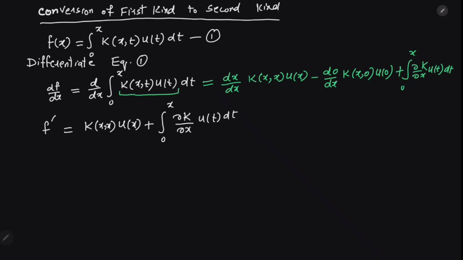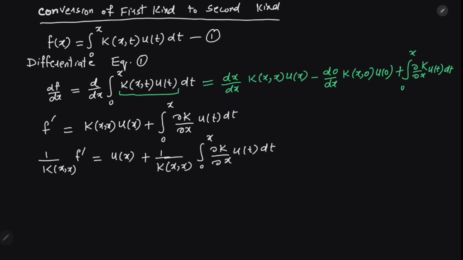Now the only thing left over here is to separate out the unknown function u of x. So we divide this whole equation by k(x,x). So 1 over k(x,x) f dash is equal to u of x plus 1 over k(x,x) integral from 0 to x of partial k by partial x u of t dt.